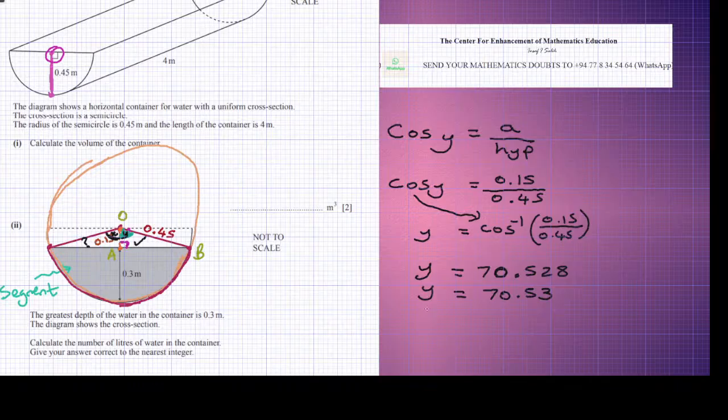So x is 70.53. So what does that mean? What is the angle of the sector? The angle of the sector is twice of 70.53. This angle that is at the center is twice of 70.53. So that's 2 times 70.53. Let's ask the calculator.